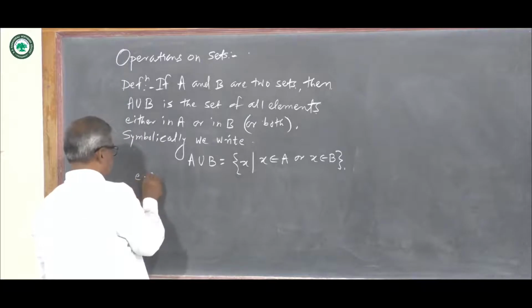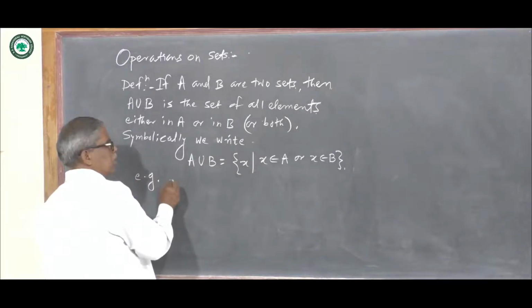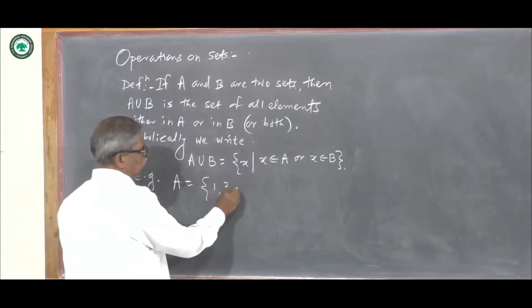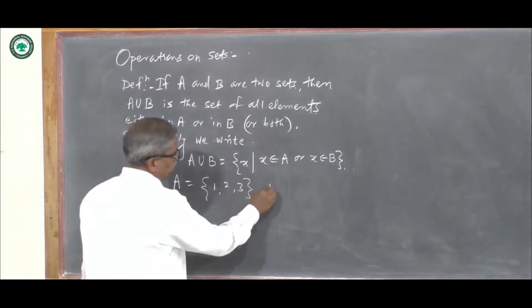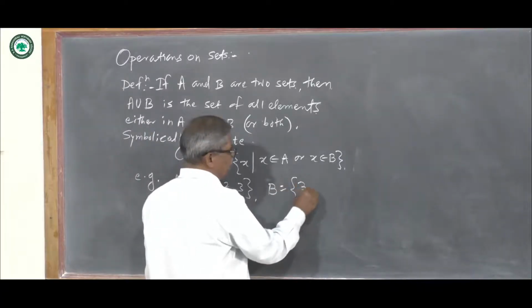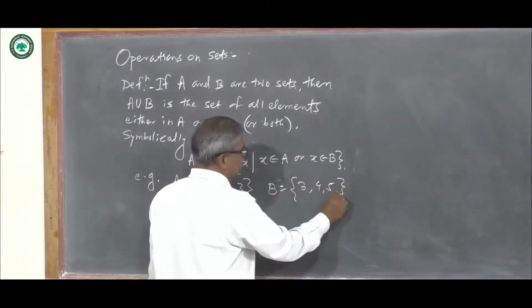For example, capital A is equal to {1, 2, 3}. Capital B is equal to {3, 4, 5}.